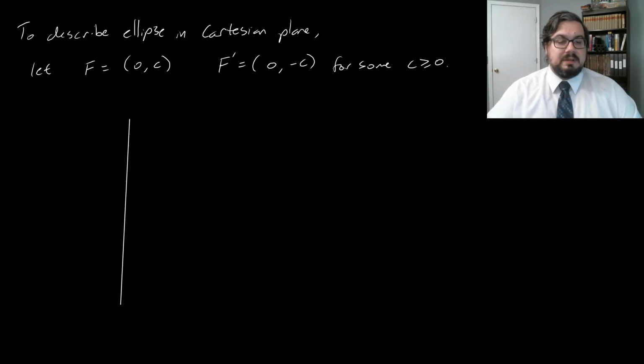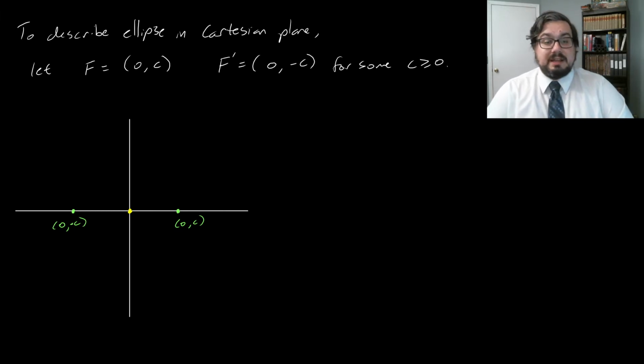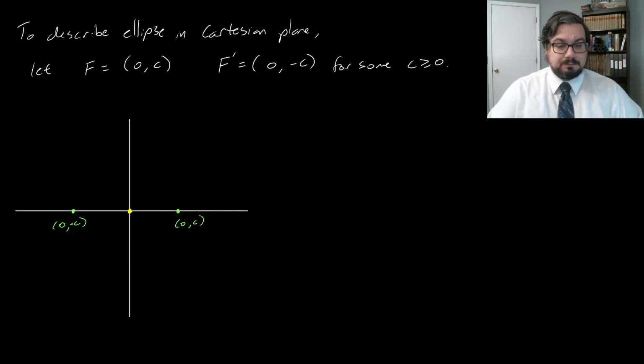So we're going to look at ellipses whose center is at the origin and whose foci are on either side on the x-axis for now. The analysis we do here is always going to help us to understand ellipses that are oriented the other way, oriented vertically.